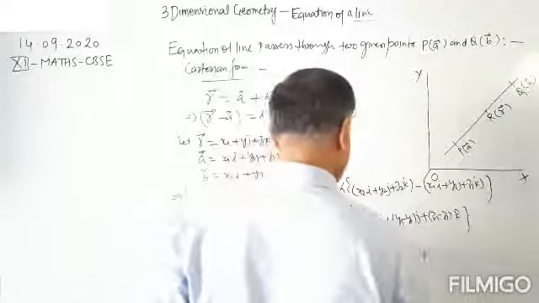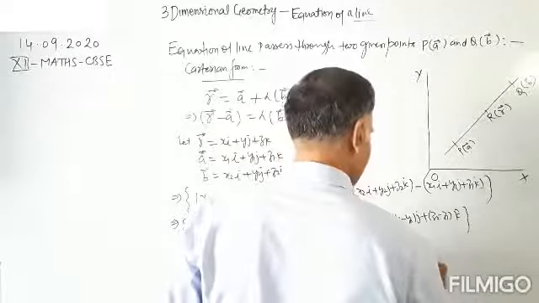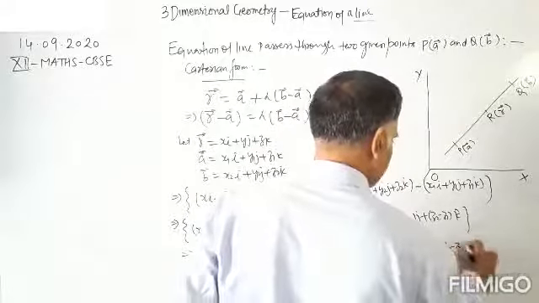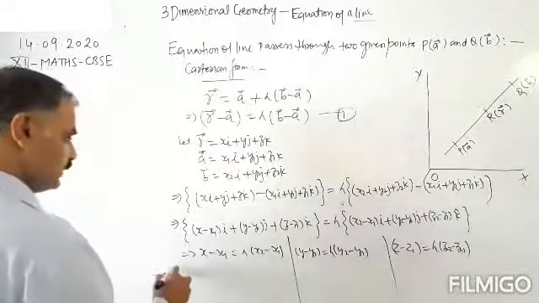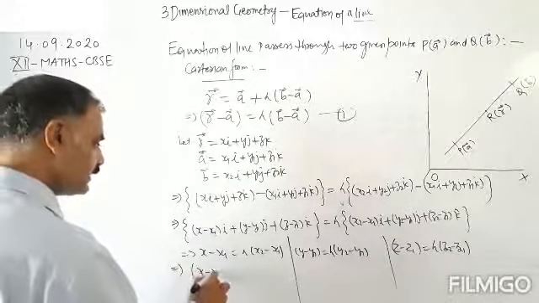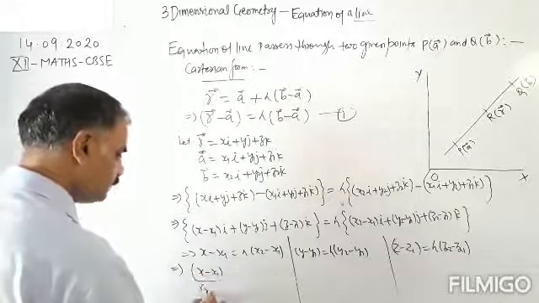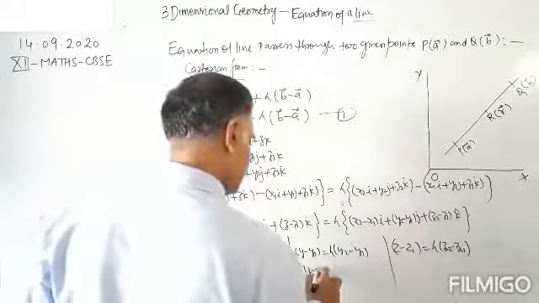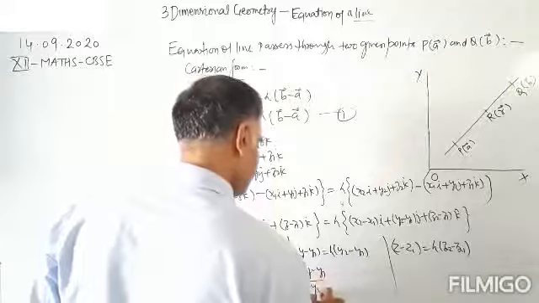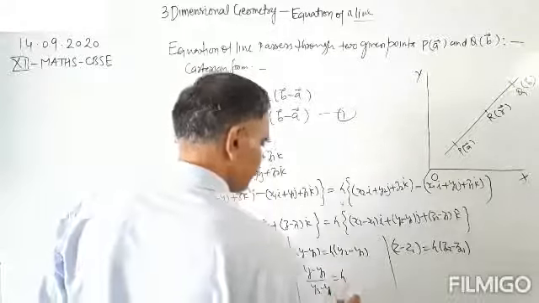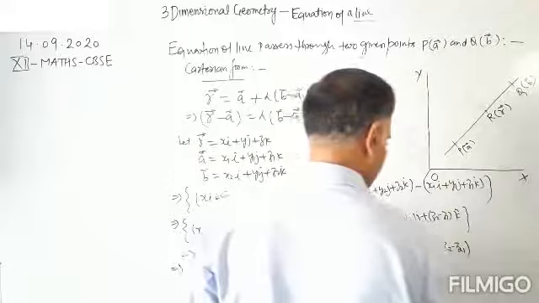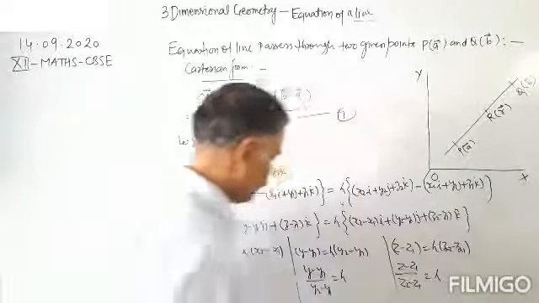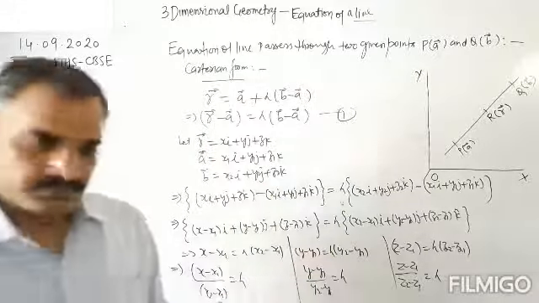And lastly, z minus z1 equals lambda into z2 minus z1. So this can be written as x minus x1 upon x2 minus x1 equals lambda. Similarly, y minus y1 upon y2 minus y1 equals lambda, and z minus z1 upon z2 minus z1 equals lambda.